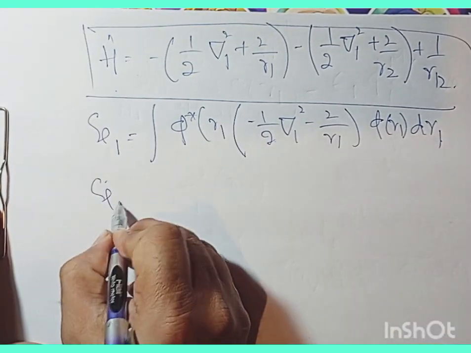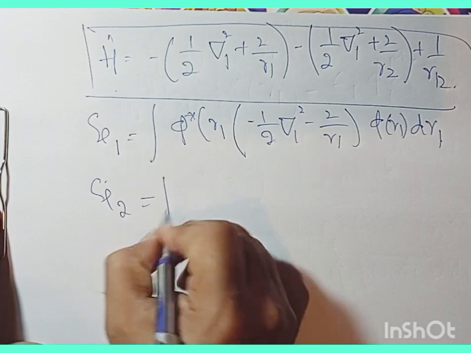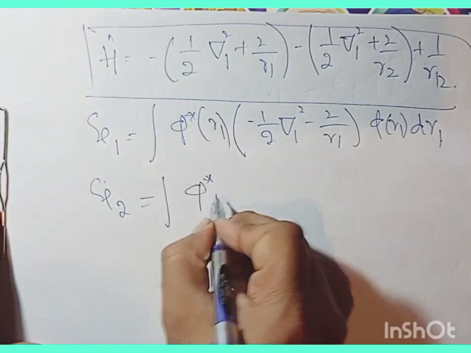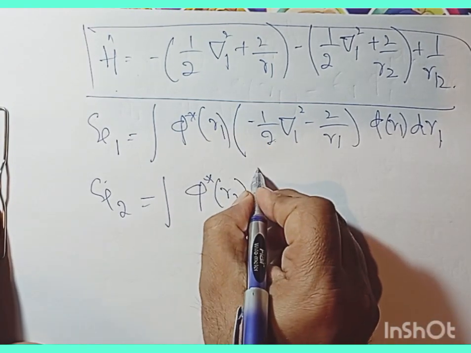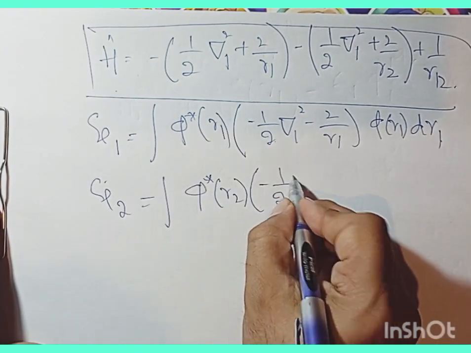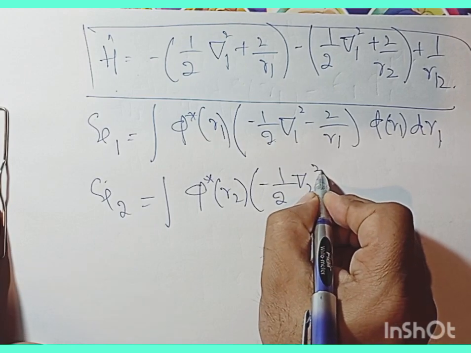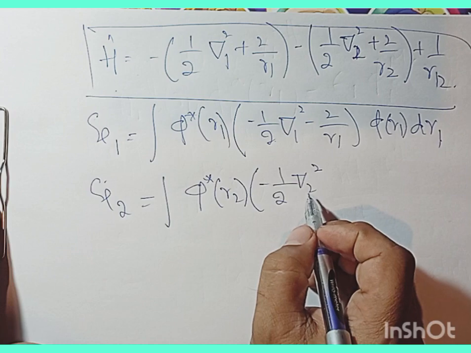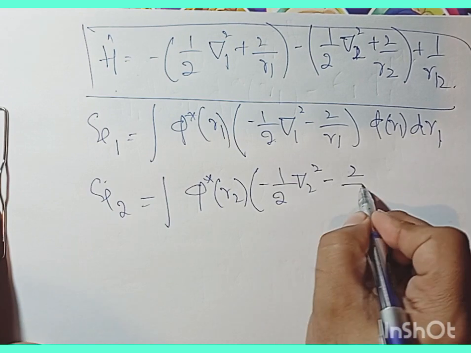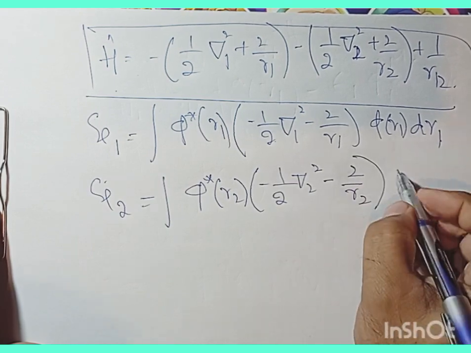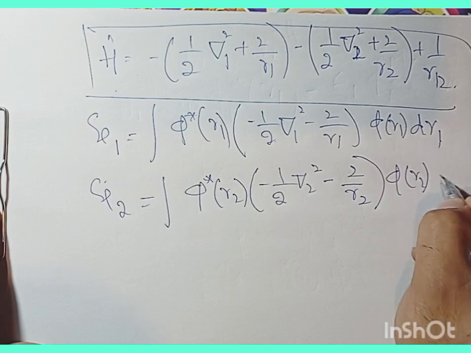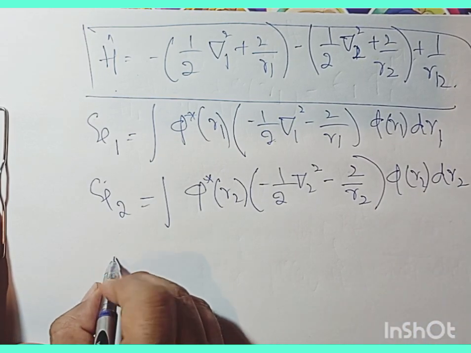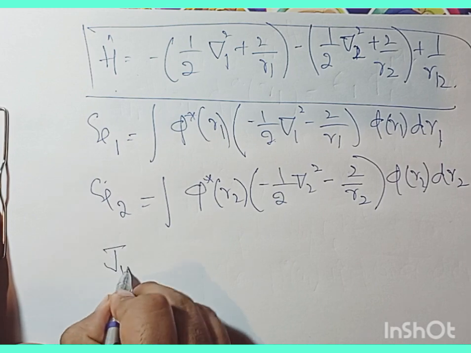And another part, say zeta 2, is going to be the integral of phi star R2, and then minus 1 by 2 del 2 squared. Here I have a correction, this should be del 2 squared, minus 2 by R2 times phi R2 dr2. And then the third term that we will have here is, say, J11.